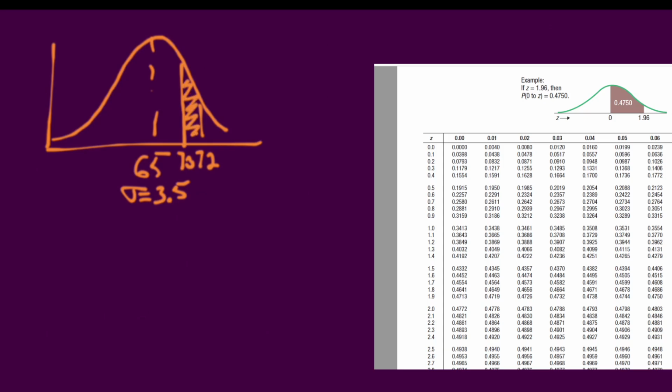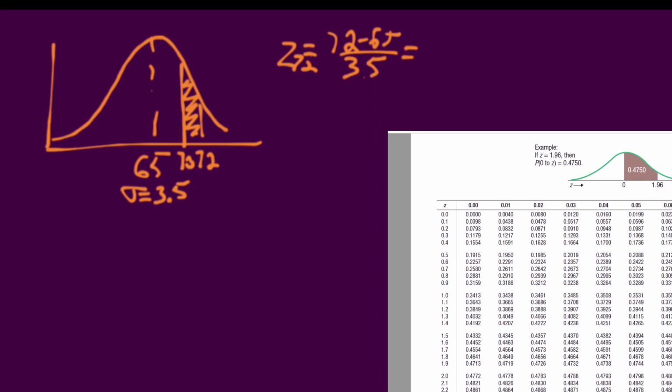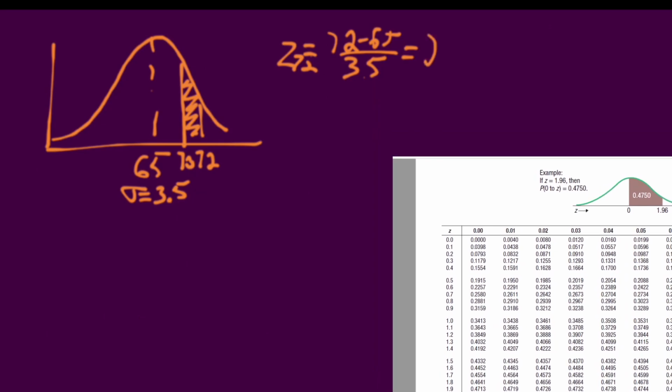So how do we go about doing that from our z-table? Well, we have already done a little bit of this. Let's remind ourselves: the z of 72 is 72 minus 65 divided by 3.5, which gives us 2.